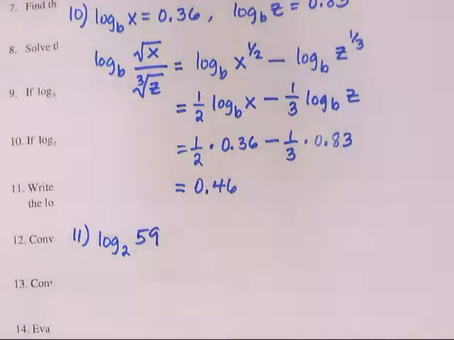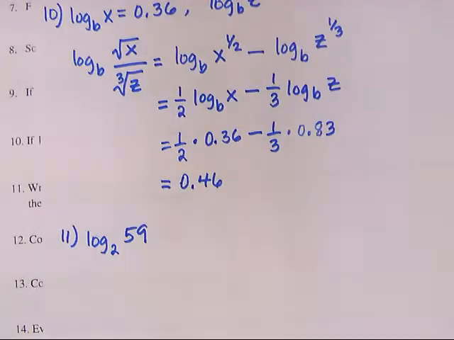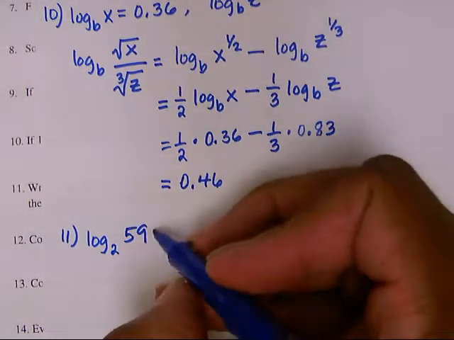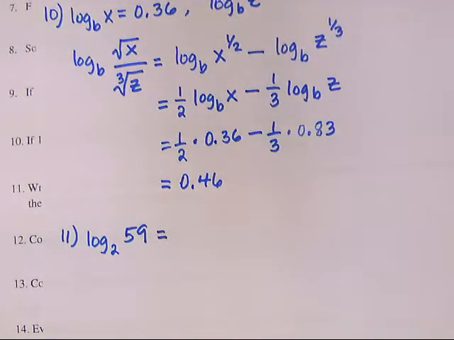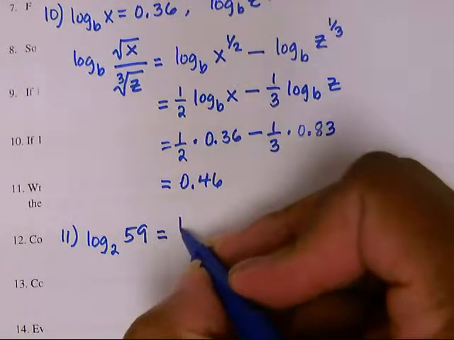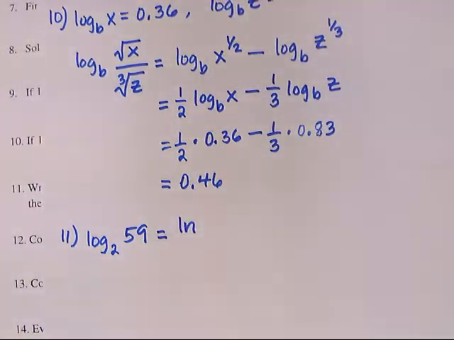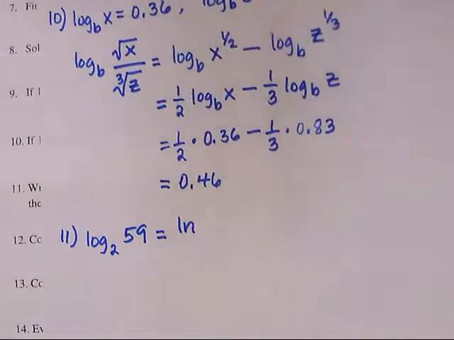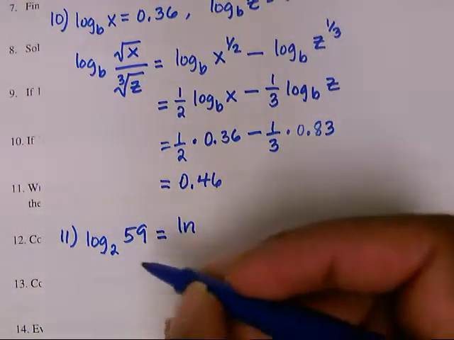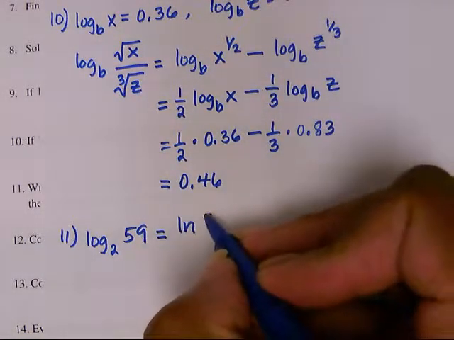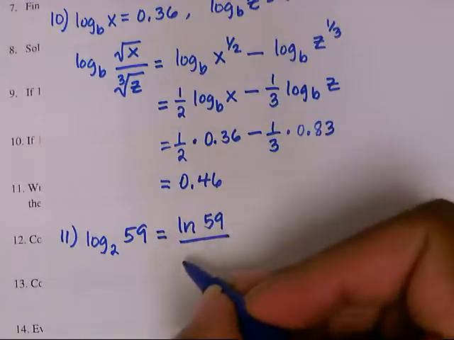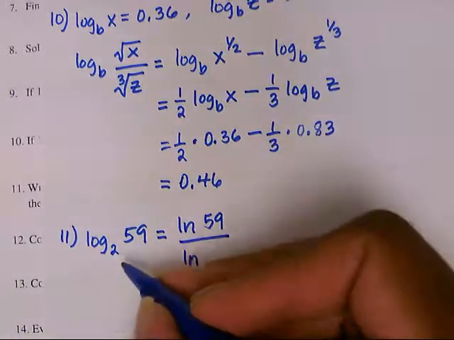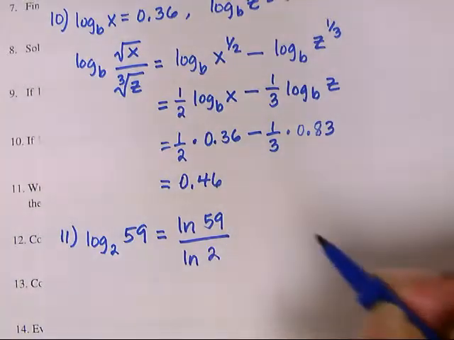This is where we use what we call the change of base property. I'm going to write this in terms of natural logarithms, as they state. This will be the ln of what I'm taking the log of, 59, divided by the natural log of the base, which is 2.